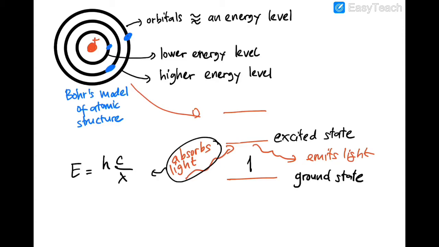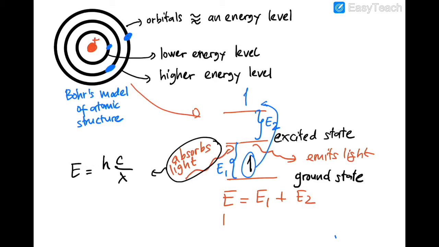Now, say the electron is trying to jump from the ground state up to the second level of excited state. If you have this as the first energy and this as the second energy, then for the electron to jump up along the blue track, from the ground state to the second level of excited state, the energy required would be the sum of E1 plus E2.